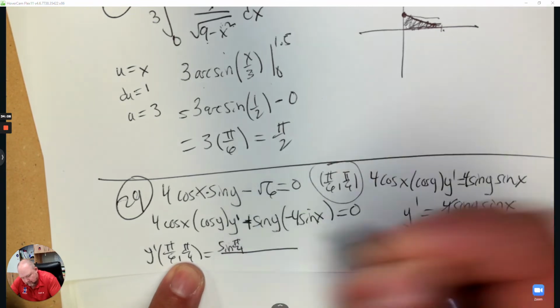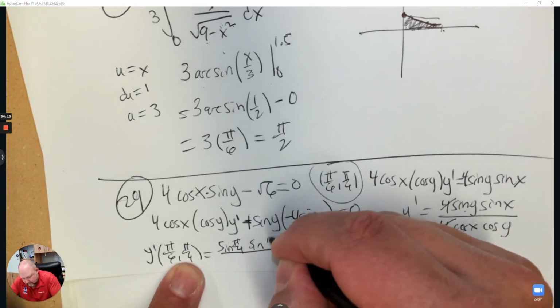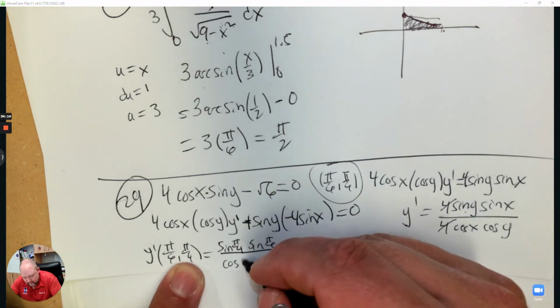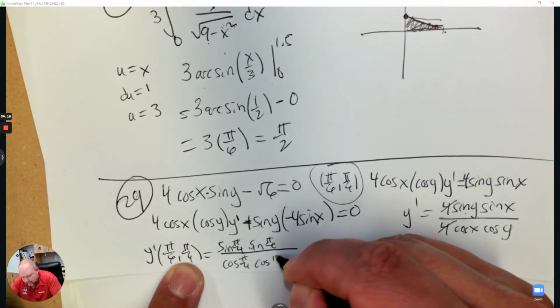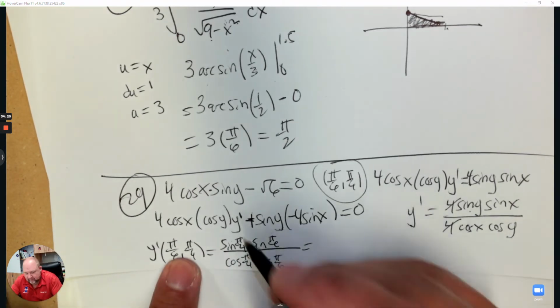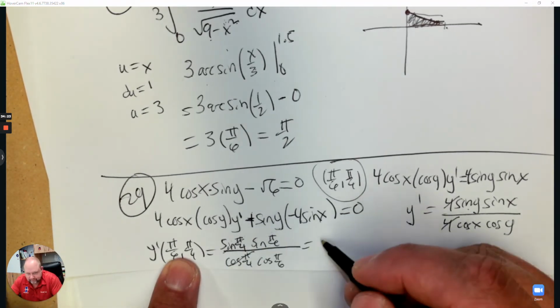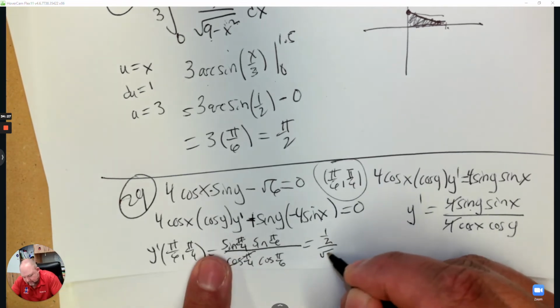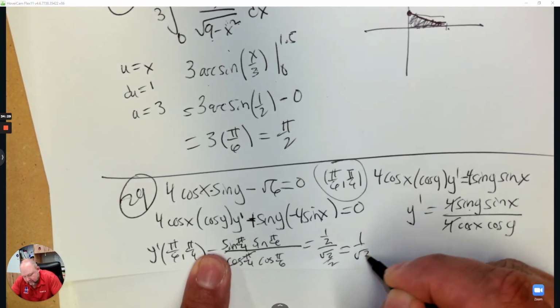Sine of pi over 4, the sine of pi over 6, the cosine of pi over 4, the cosine of pi over 6. So at pi over 4, they actually have the same value, so they can divide out. At pi over 6, it's 1/2, and then root 3 over 2. So this answer is 1 over root 3.